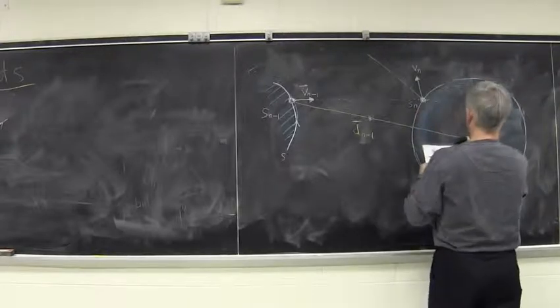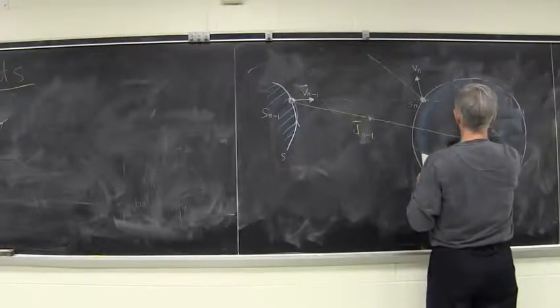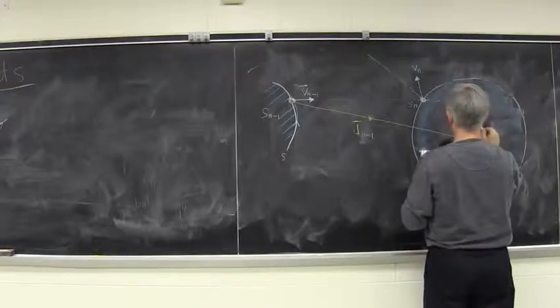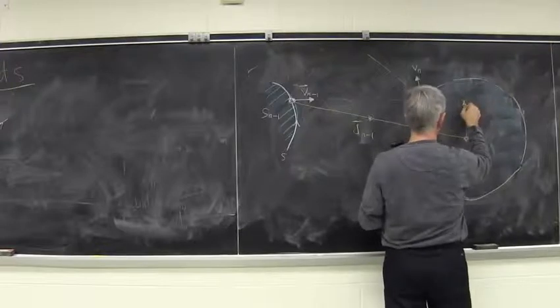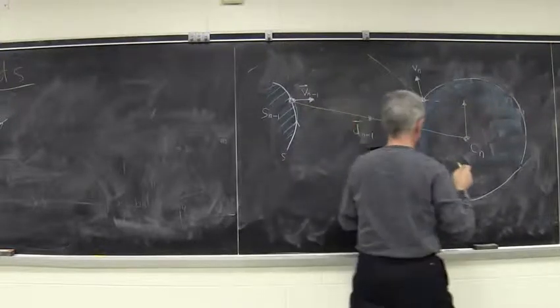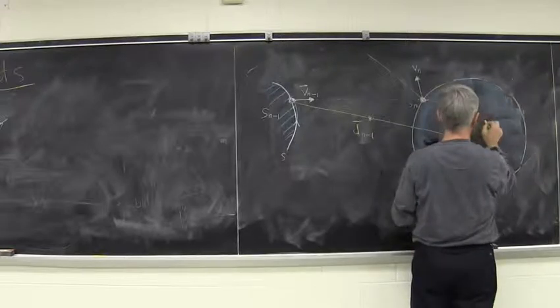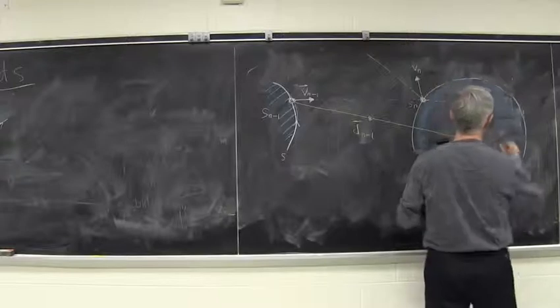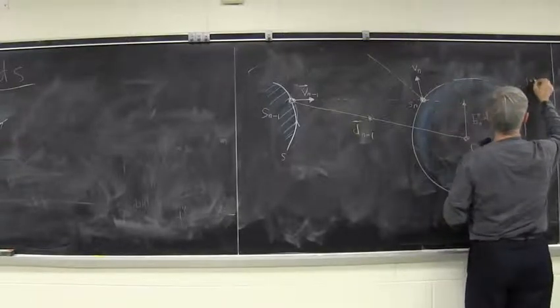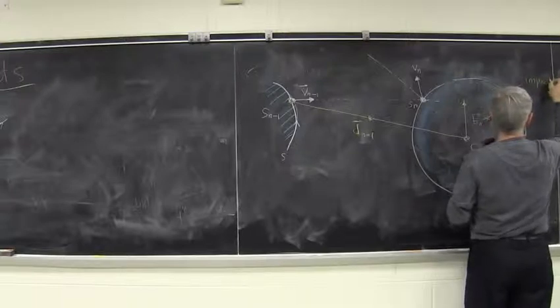Now what I also know is the vector that's normal to this line. And this vector has a name that you must have seen. It's called the impact parameter.